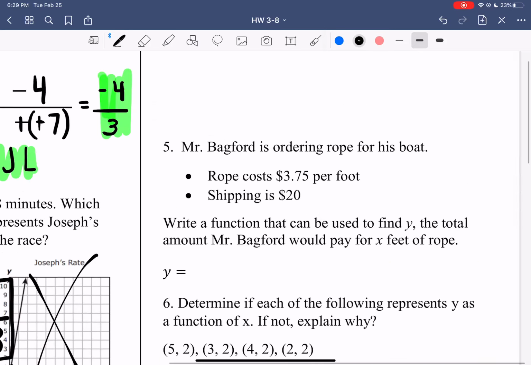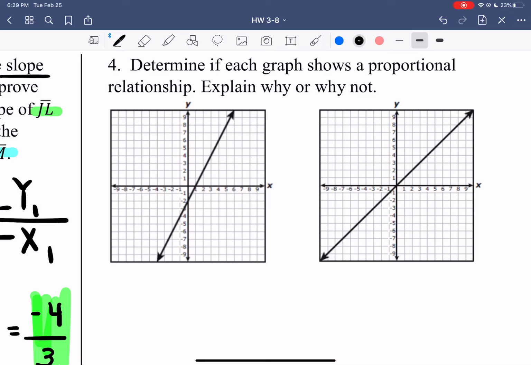Okay, going up here, to determine if each graph shows a proportional relationship or not. What we've learned in class is that a proportional relationship has to pass through the origin. So this one passes through the origin, whereas this one does not.